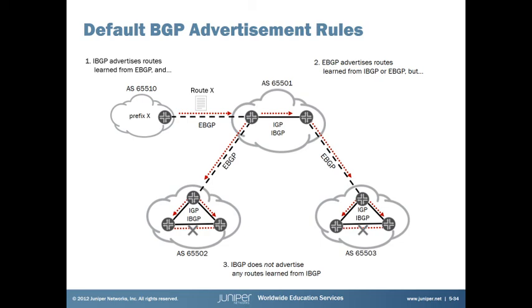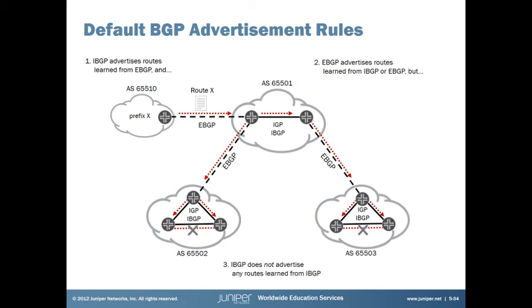iBGP does not advertise any routes learned from iBGP. So if we have peering arrangements here with our eBGP peer router, and we have iBGP peers with the other two, and if they do peer with each other, they will not re-advertise those routes to each other.